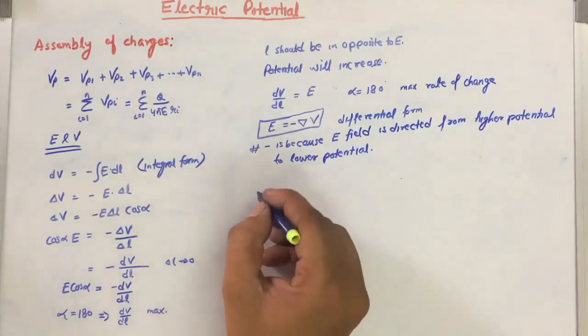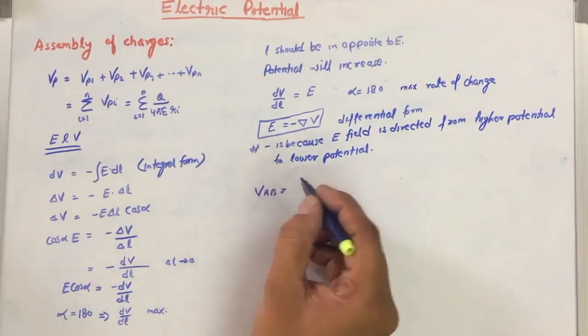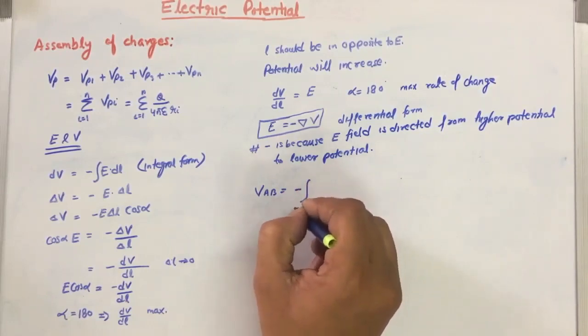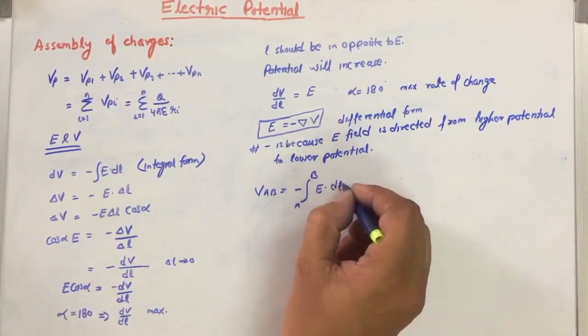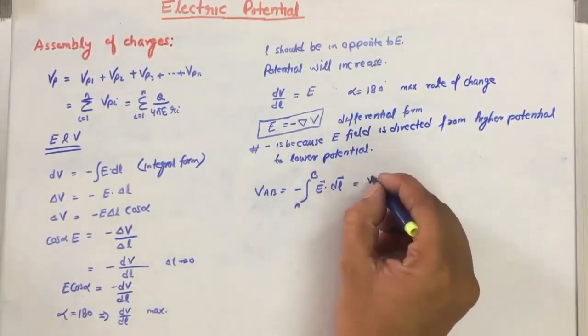Now we can write VAB is equal to, we have done it, integral from A to B of E dot dl, it will be VB minus VA.